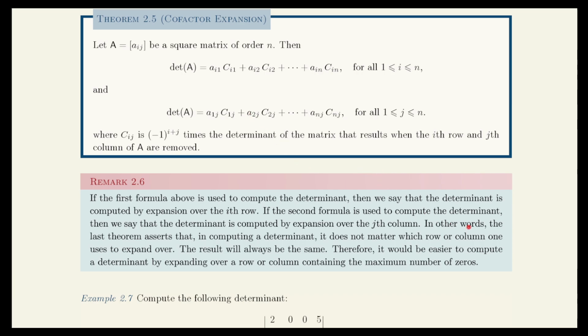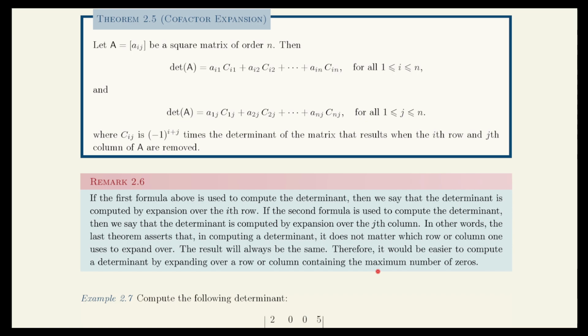The last theorem asserts that in computing a determinant, it does not matter which row or column one uses to expand over. The result will always be the same. Therefore, and this is important, it is easier to compute a determinant by expanding over a row or a column containing the maximum number of zeros, if there is any zero.